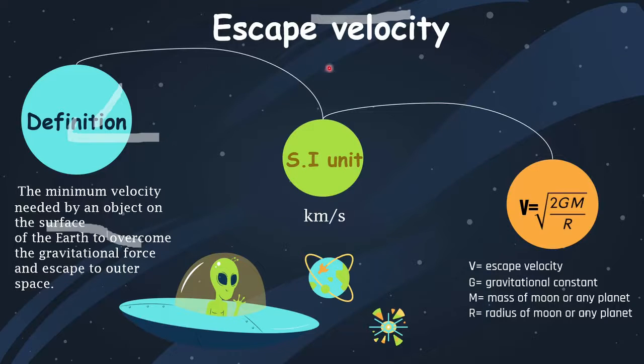The SI unit of escape velocity is km per second, while the formula of escape velocity is V is equal to square root of 2GM over r. V represents escape velocity, G is gravitational constant, M is mass of moon or any planet, where r is radius of moon or any planet.